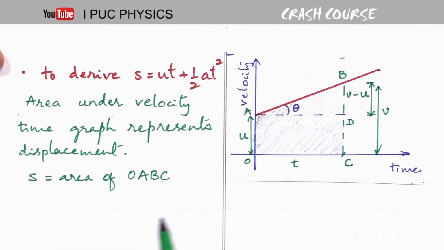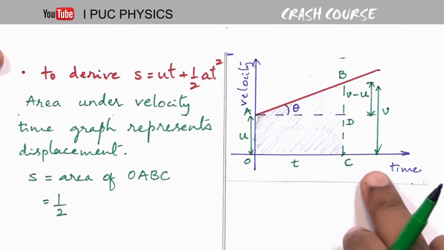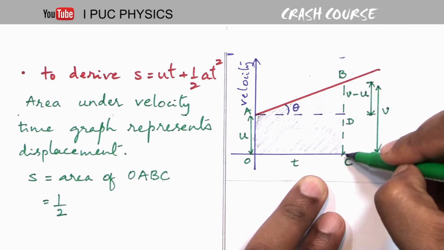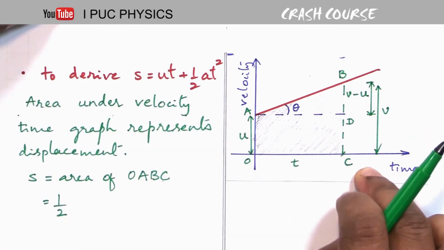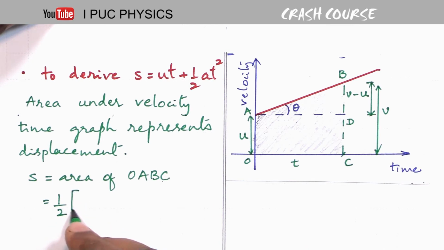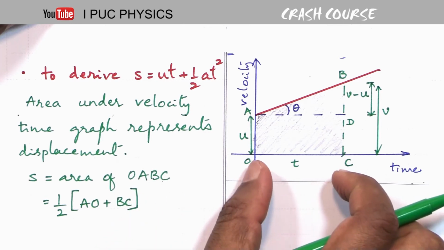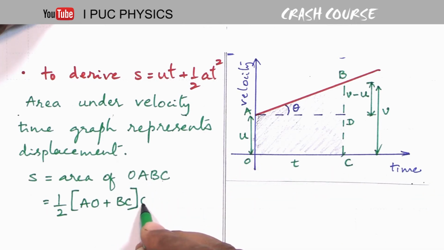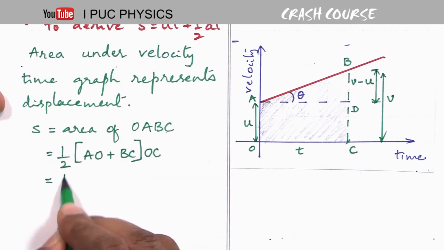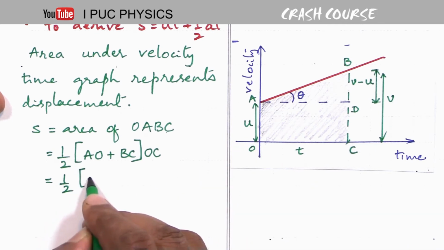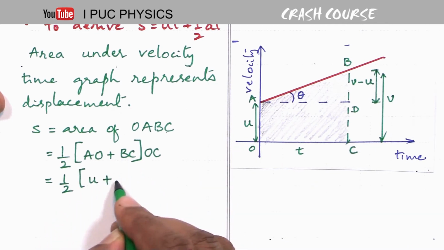It is a trapezium, therefore it is half into sum of parallel sides. AO and BC are the parallel sides. Therefore AO plus BC. Distance between parallel sides is OC. Half, AO is u plus BC is v.